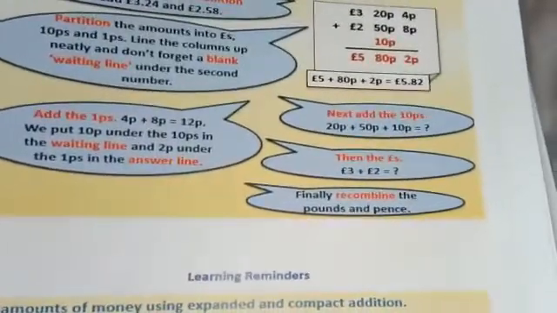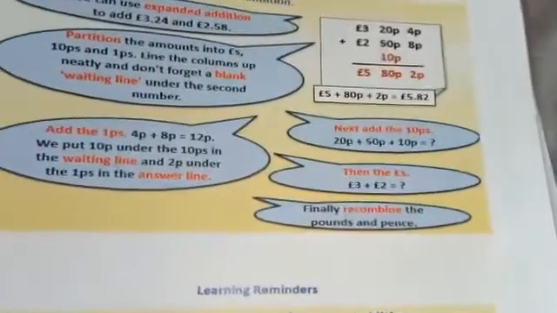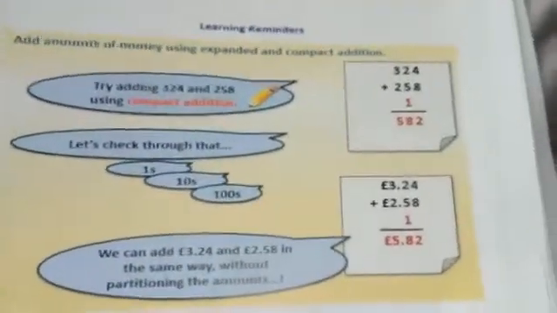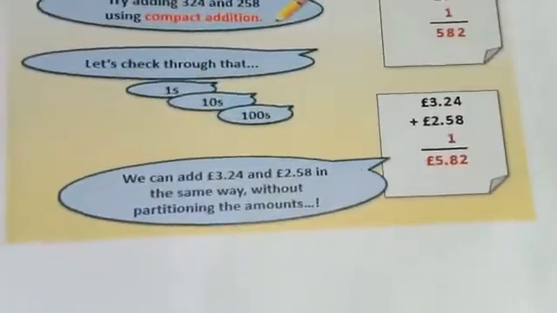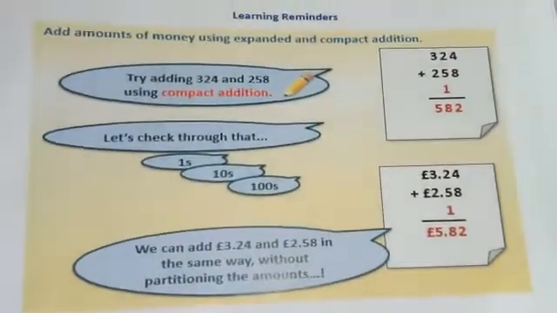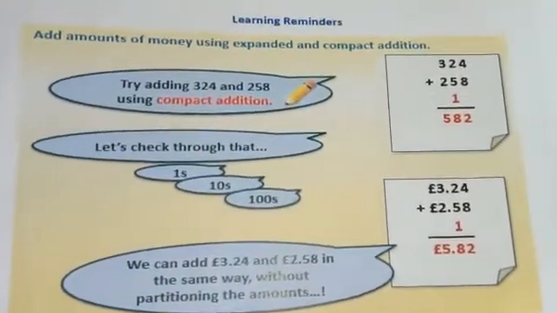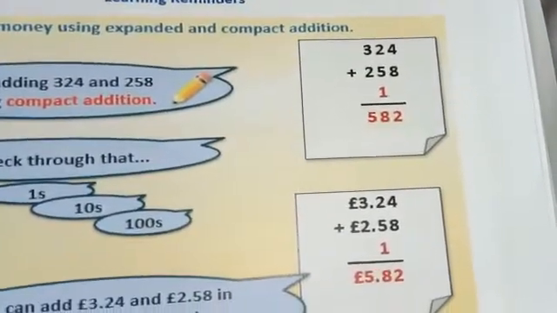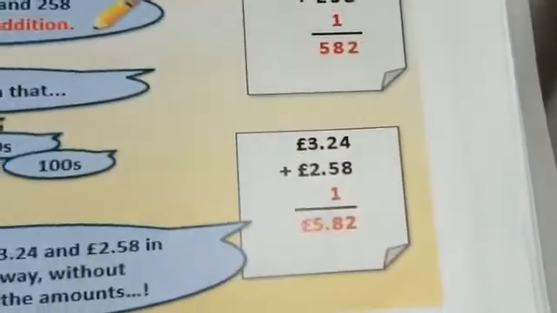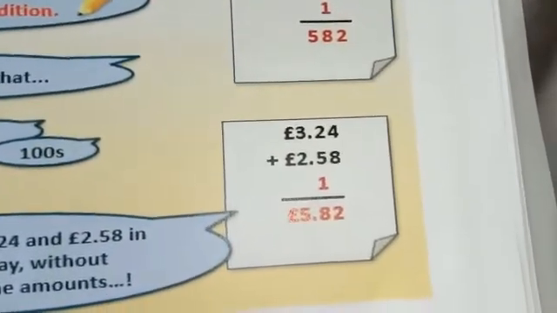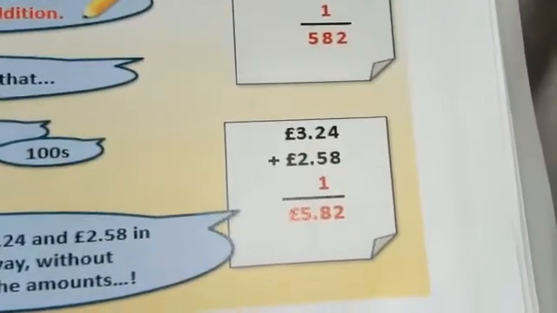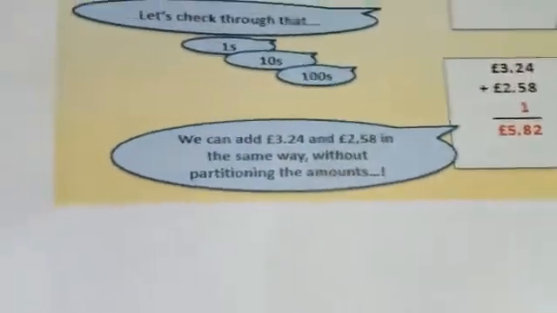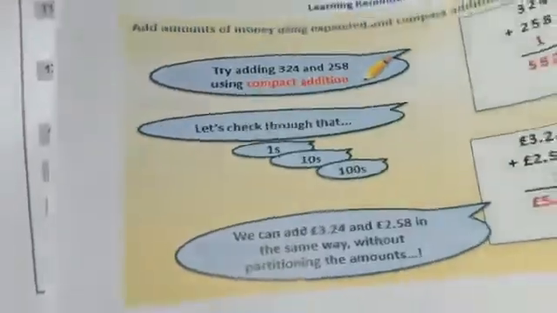That gives you the working out for that one. The reminder below shows you how to use the compact method. So 324 plus 258 is rewritten with the decimals in place, £3.24 plus £2.58, and it's the same method as the partitioning.